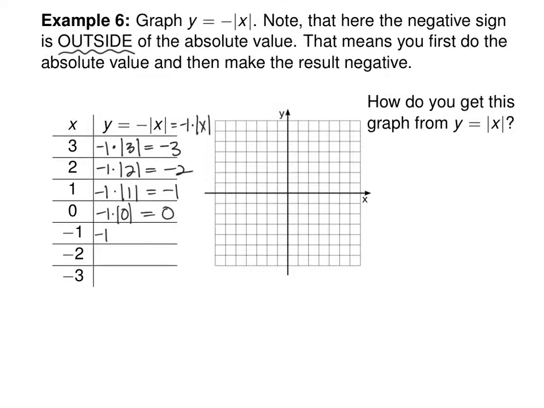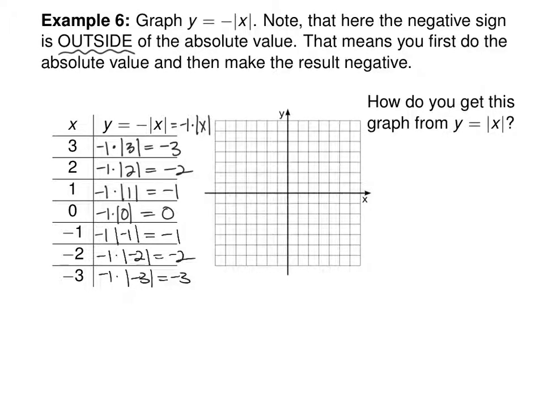Oops, whoops. -1 times -1's absolute value. Now first you absolute value this -1, which makes it +1. Then multiplying it by -1 gives you -1 again. So basically you're always going to get negative answers, except for 0. -1 times -2's absolute value gives you -2. And -1 times absolute value of -3 will give you -3.